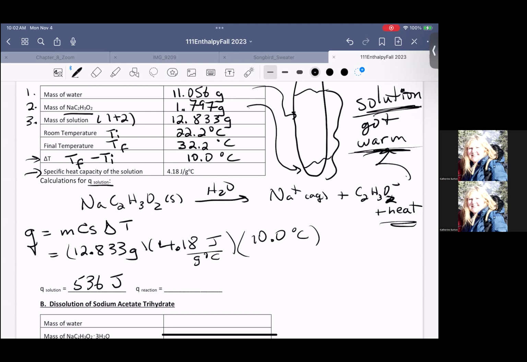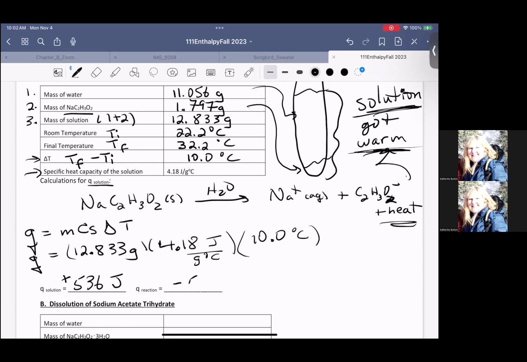But in order for our solution to have gained heat, our reaction has to have lost heat. And please note, because our Q value here is positive, that means our solution got warm. It gained heat because our reaction lost heat. How much heat did it lose?